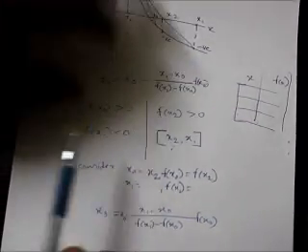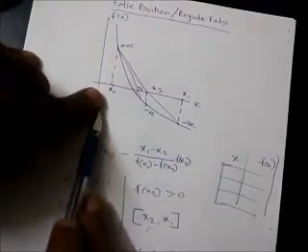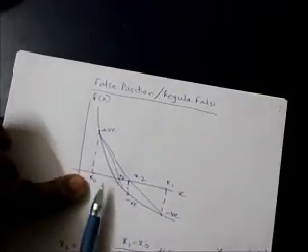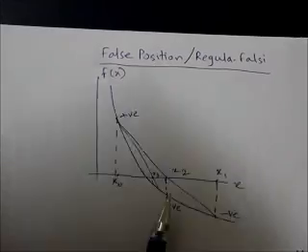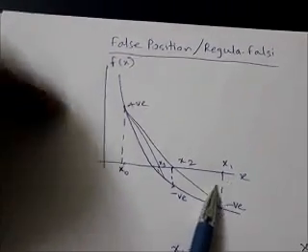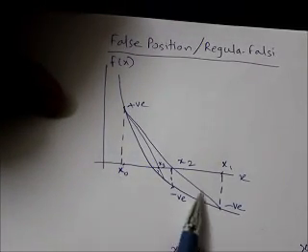First thing, let us go to the beginning once again. For the first time, what we do is we select a bracket or an interval, x0 to x1, that was our interval. For that interval we found out the values of f(x0) and f(x1).